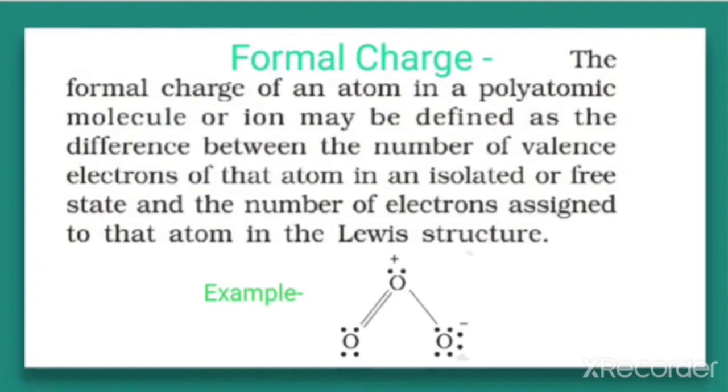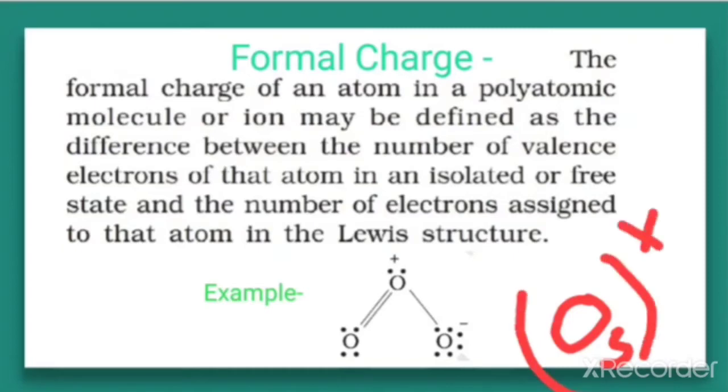Ozone molecule. Ozone, the formula is O3. In this molecule, there is no net charge, so we'll be writing O3 as it is. That means the net charge is 0. But the ozone molecule is made up of 3 oxygen atoms, and when you look at the structure, each atom possesses some charge of its own.